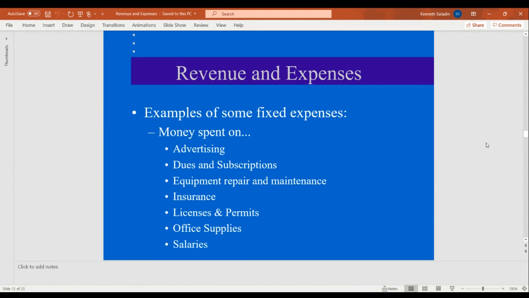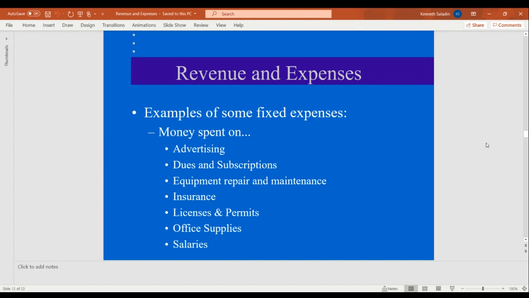If you're a landscaping company, perhaps you belong to the National Association of Landscape Professionals, and you would have to pay annual dues. Subscriptions refers to different journals or magazines that the company would purchase in order to keep abreast of the latest changes in the industry.